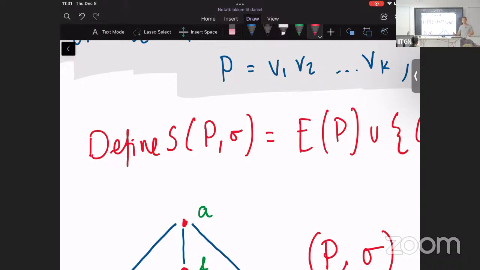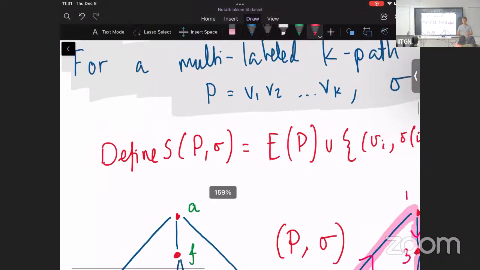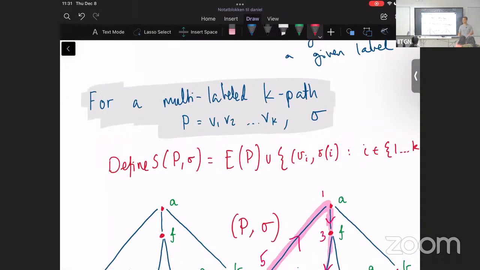So in particular, every position of the walk gets a label. There is no requirement that every vertex in the graph gets a label. It's confusing stuff, so keep asking questions.